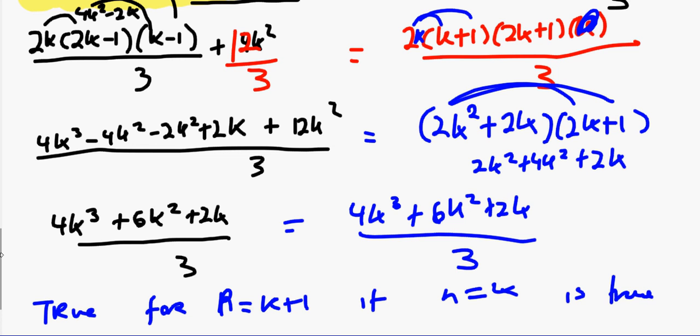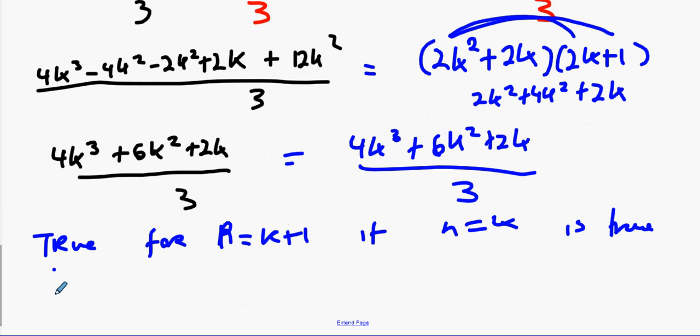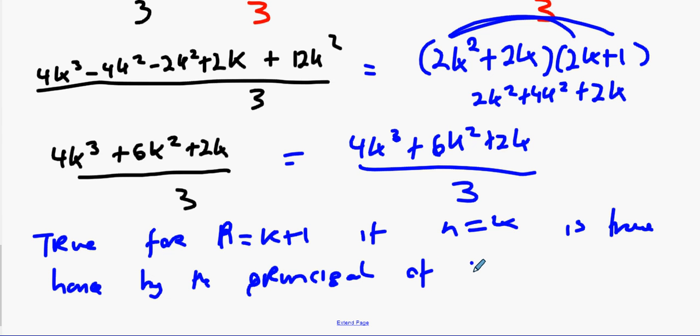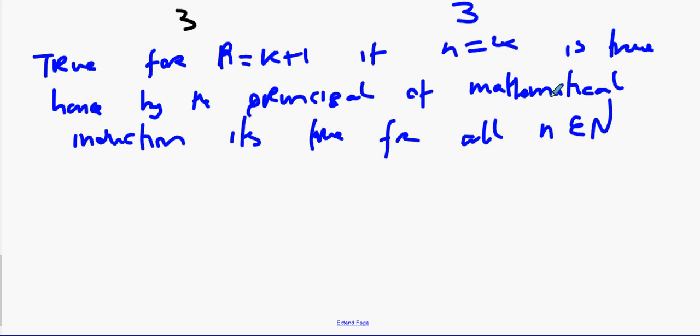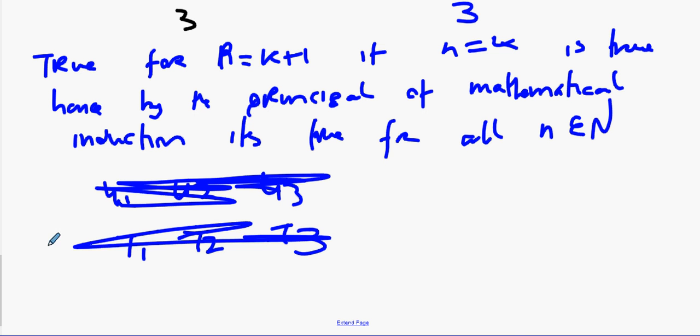Hence, by the principle of mathematical induction, it's true for all n element n. Remember, n has to be a natural number. It's u1, u2, u3, or t1, t2, t3. There's no negative numbers or fractions or whatever.